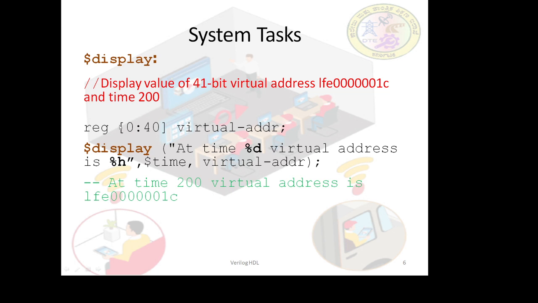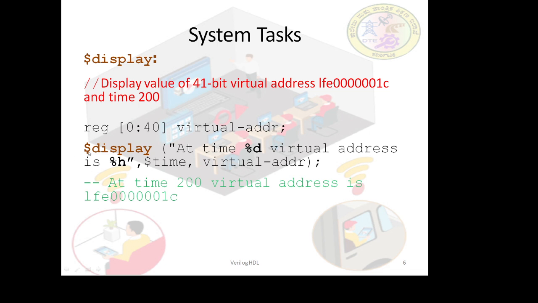We assume a register, the virtual address, wherein we are trying to store the information, and the register is of 41 bits. The virtual address is capable of holding 41 bits of information here.